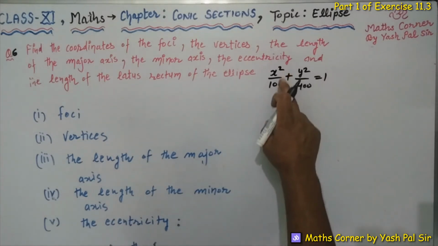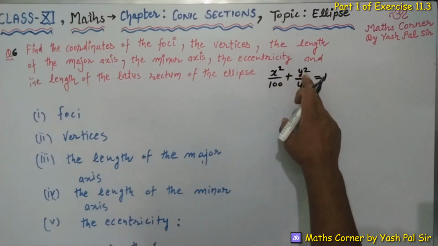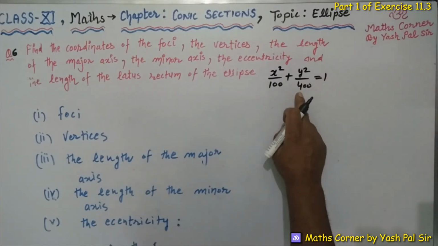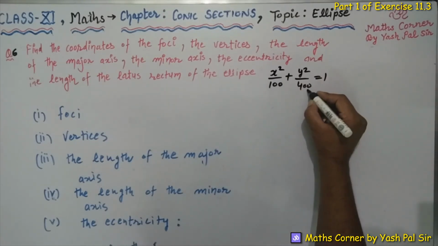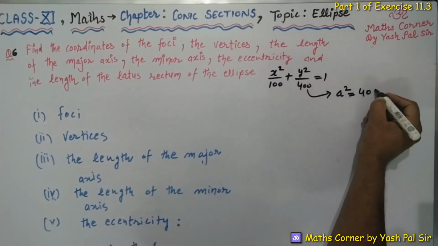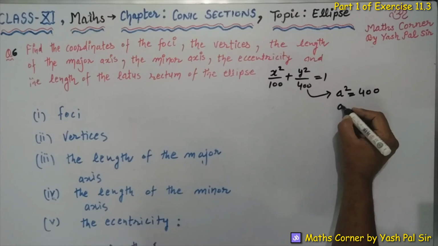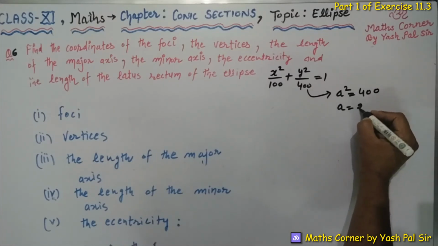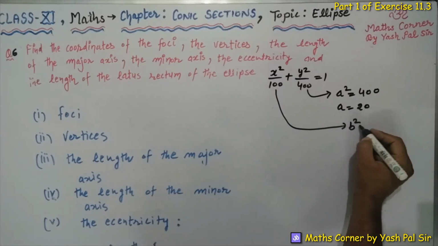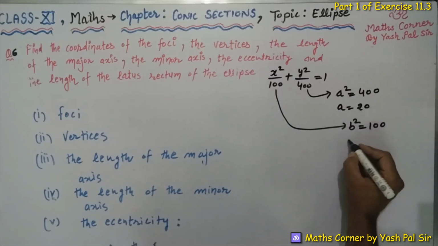Question number 6. x square upon 100 plus y square upon 400 equal to 1. So 400 is a square because this is greater. a square is 400. So a is equal to 20. And b square is equal to 100.